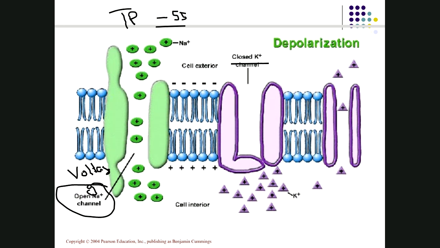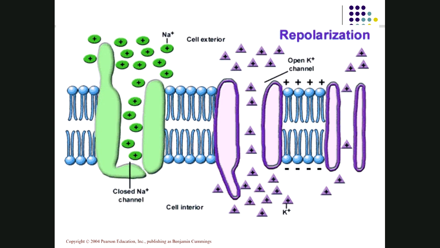So here's our graph right here. Right there is where this happens. And then remember, it's going to shoot up, to about +30. And at +30, this is going to happen. The voltage-gated sodium channel is going to close, and the voltage-gated potassium channel is going to open.